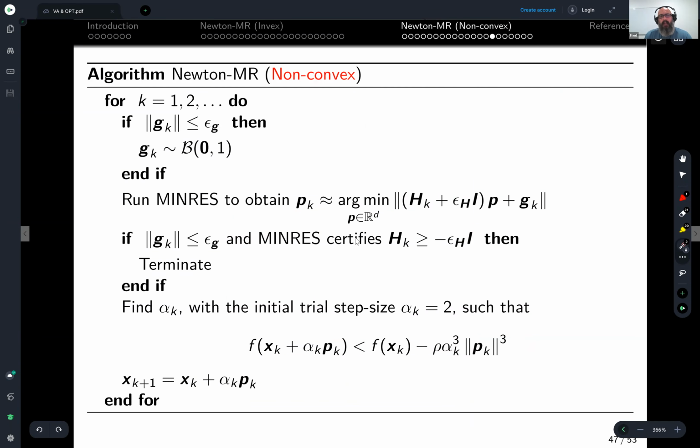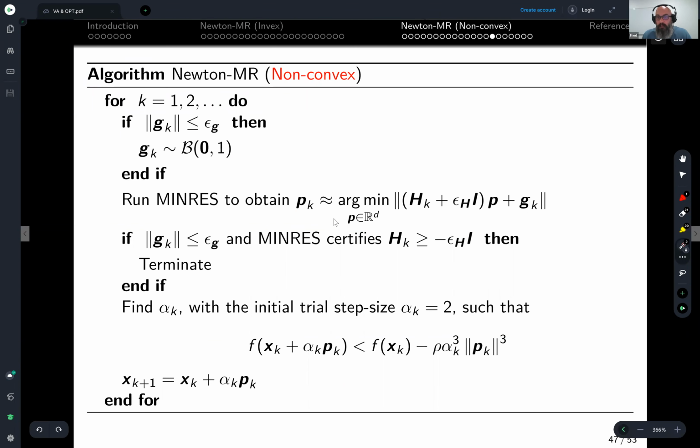It's very simple. We'll look at the gradient. If it's small enough, instead of the gradient, I draw a random vector from a unit ball. If it's large enough, I just use the gradient itself, plug it into this least squares problem with this little perturbation that I mentioned earlier on from that Steve Wright work.